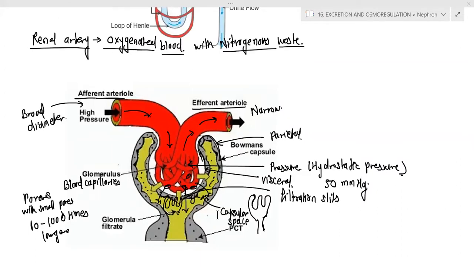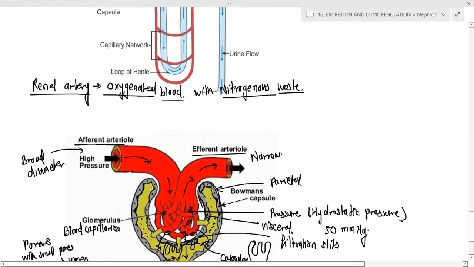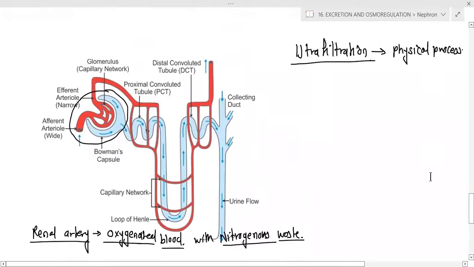Now there is a pressure responsible for it. We will talk about it. But I want you to see what happens to the efferent arteriole. See in our previous diagram, this efferent arteriole is coming down and becoming blood capillaries which surround the renal tubule, correct?